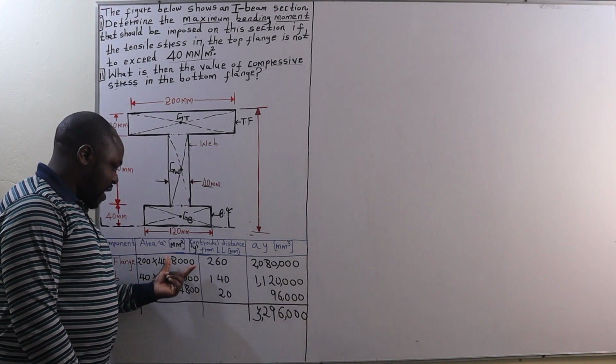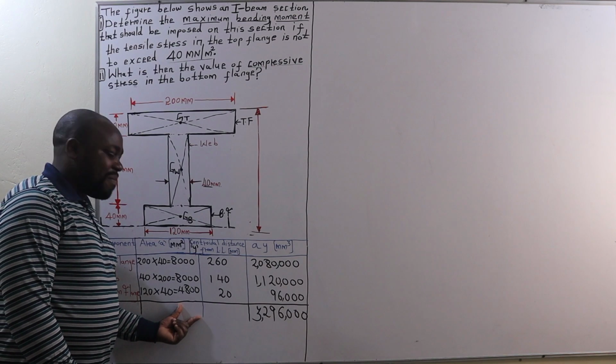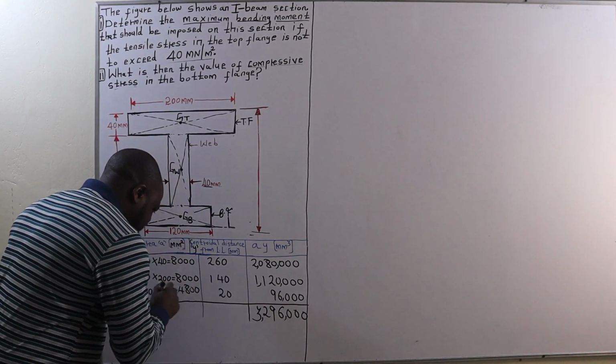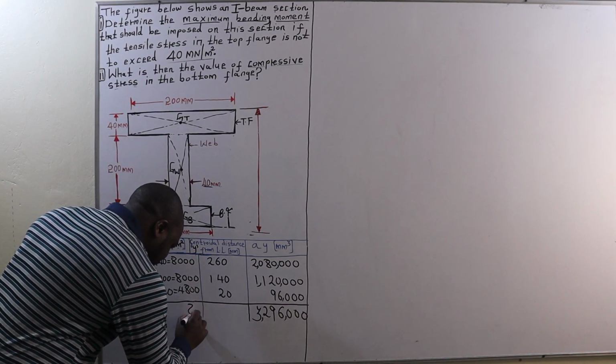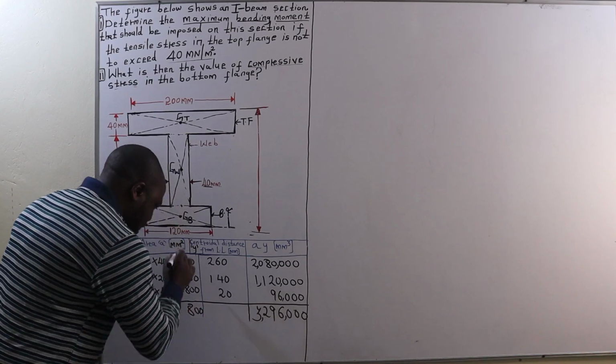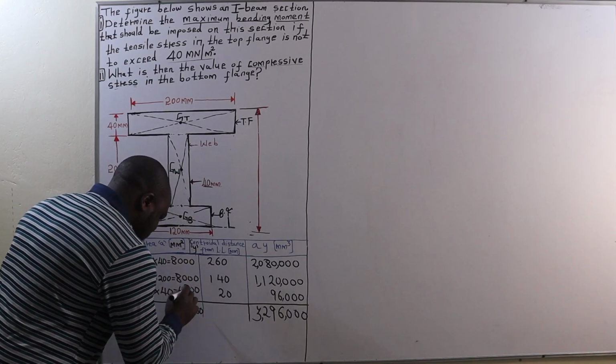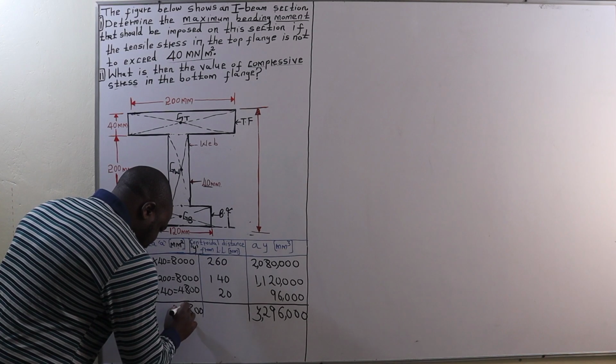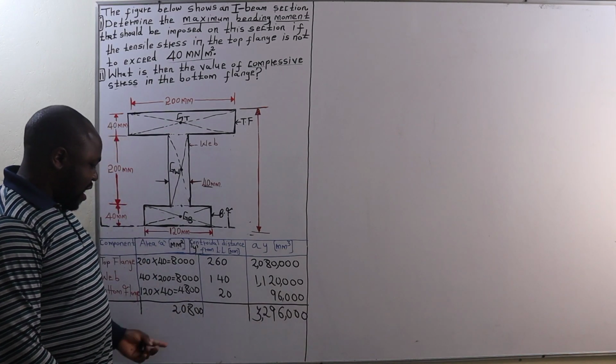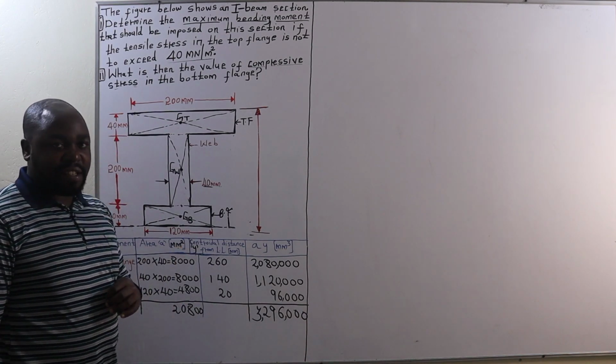Then we add the areas of the three components, which is going to be 8,000, then 16,000, 20,800 square millimeters.